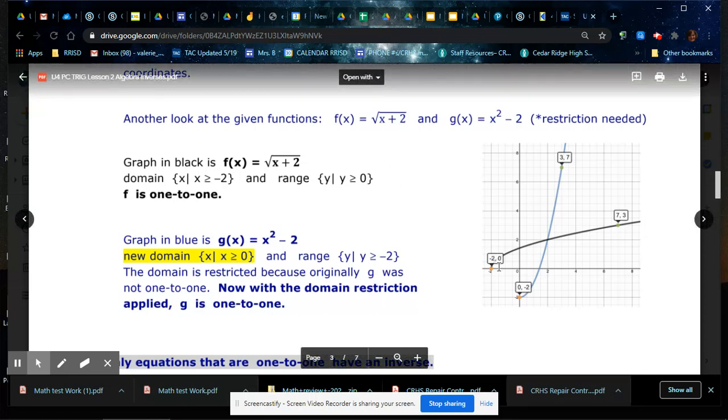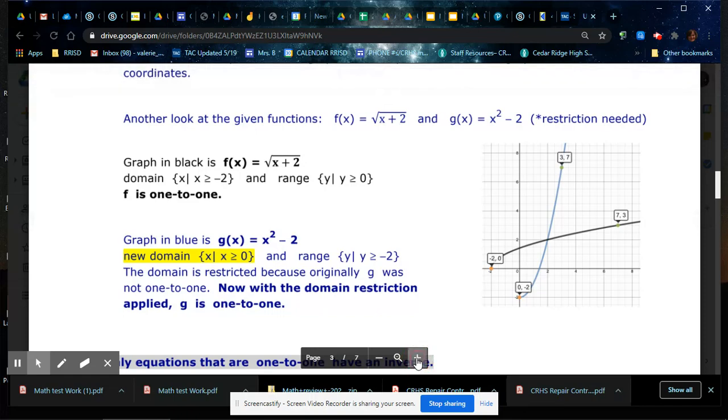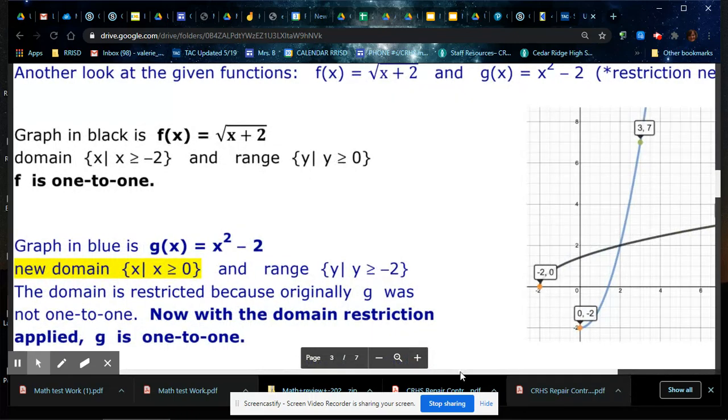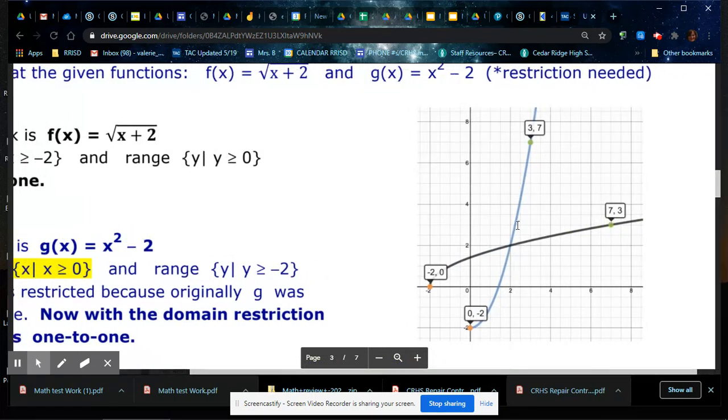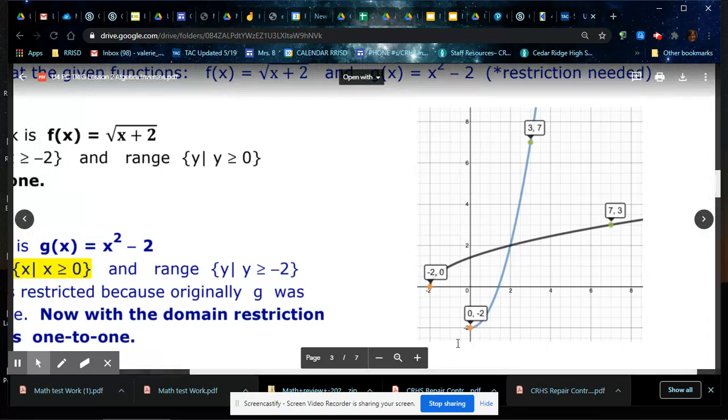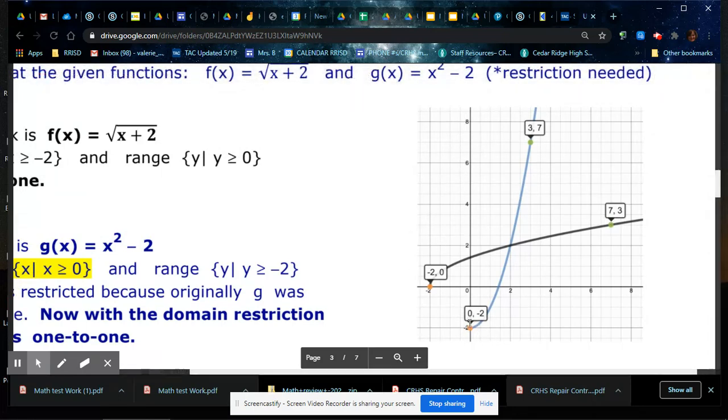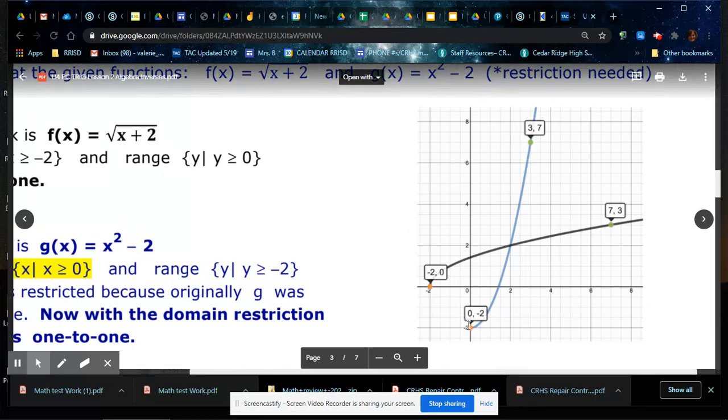If I were to restrict the domain, let me zoom in on this one again here. If I were to restrict the domain of this quadratic one here, look, we chopped this whole left half off here. So restrict it so it's everything from 0 and above. X's, all the positive X's, okay?